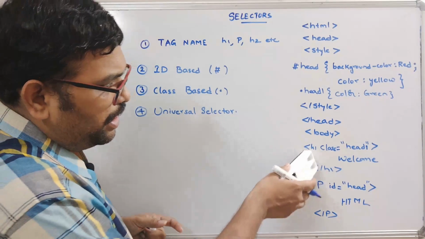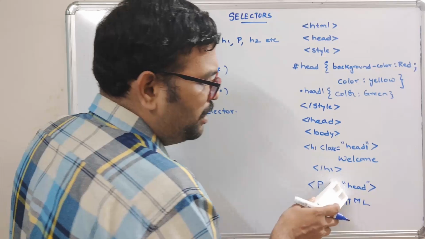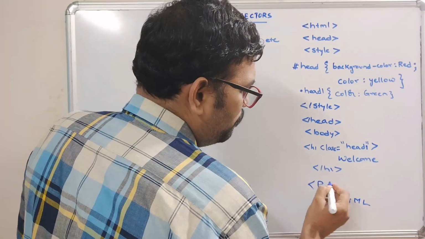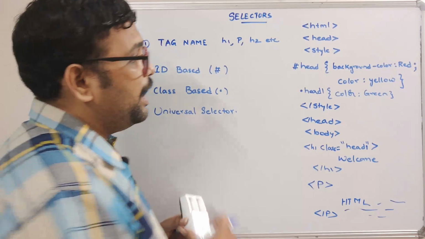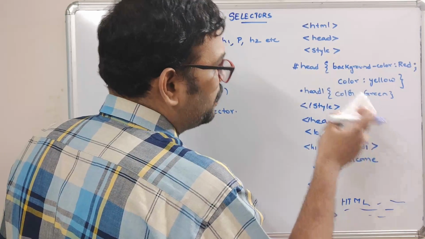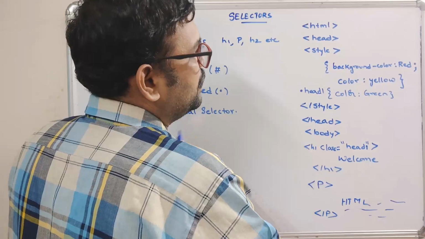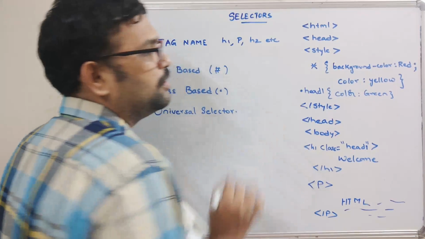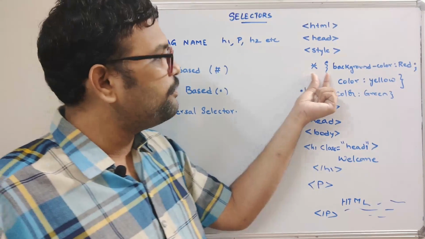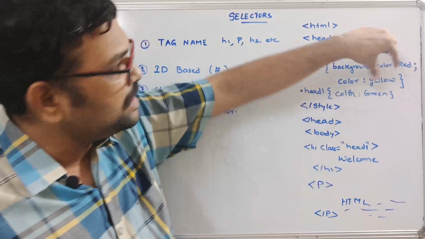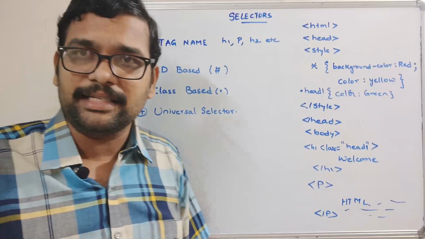So for that, I will give h1 class head, and here I am not giving anything for P, HTML and so on. Whatever content we write here, instead of writing head, go with the star. Don't write anything else. Just by placing a star followed by the CSS, this CSS will be applicable for all the tags.